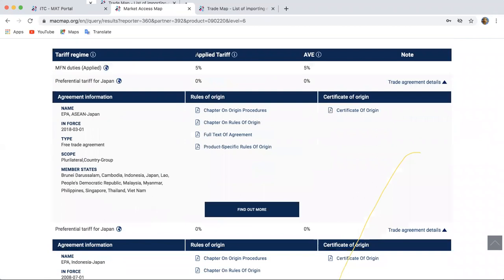You also see that there's an applied tariff, and the ad valorem equivalent is the AVE of this tariff, because what we do in Market Access Map is, the applied tariffs are not always percentages. Sometimes tariffs can be levied on, for example, you pay $5 per 100 kilograms of meat.